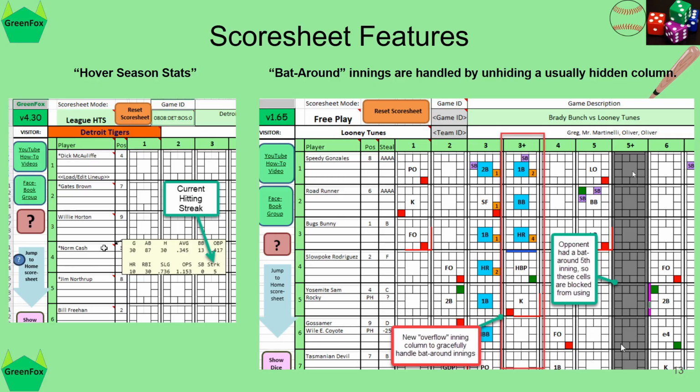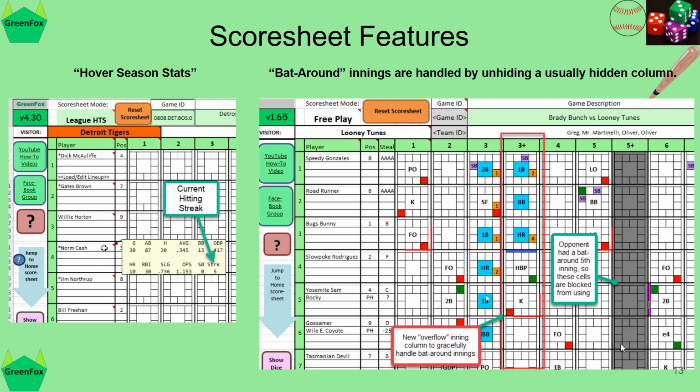You can see here this is the visitor score sheet, but if the home team batted around in their 5th inning, it would add the column to both teams' score sheets, but it would blacken it in, or colorize it, so that you know you shouldn't be using it, and that way it keeps everything in the same columns for the innings.